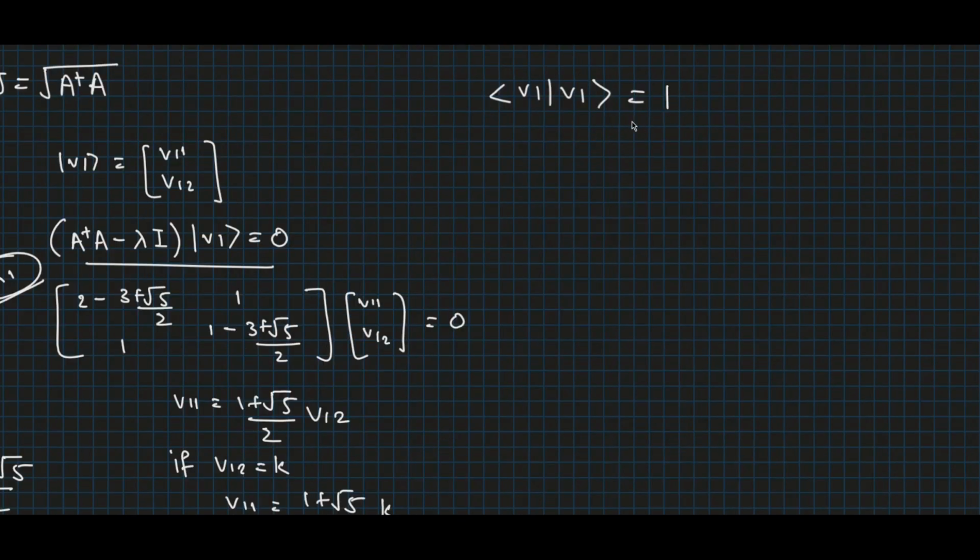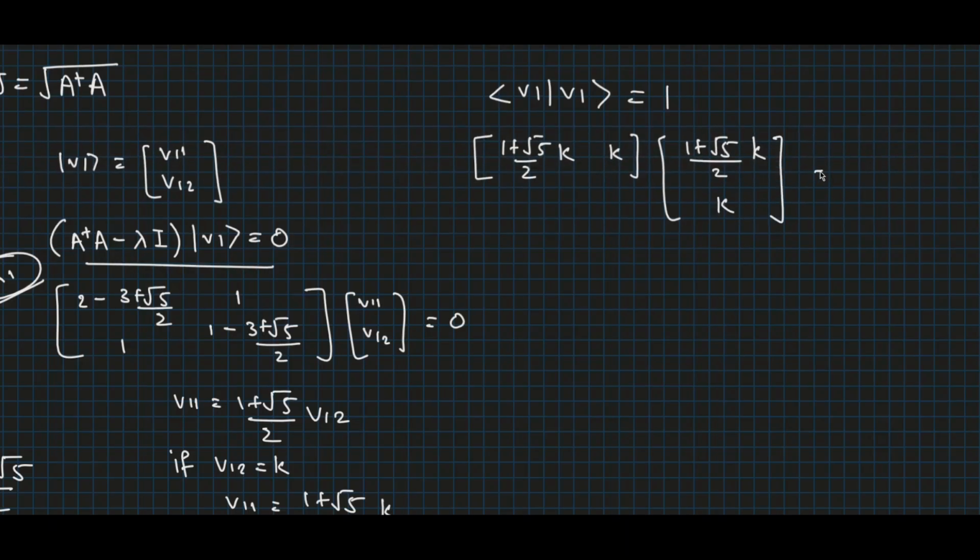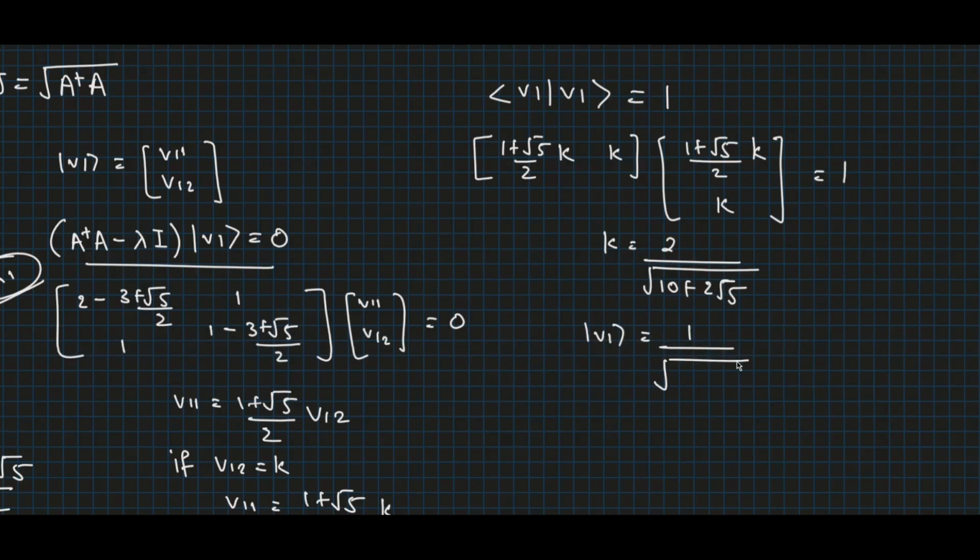Now using the normalization condition for the v1 vector, we solve and get k equal to 2 by root under (10 plus 2 root 5), and putting this value in v1, we get v1 equal to 1 by root under (10 plus 2 root 5) into the column vector (1 plus root 5, 2).